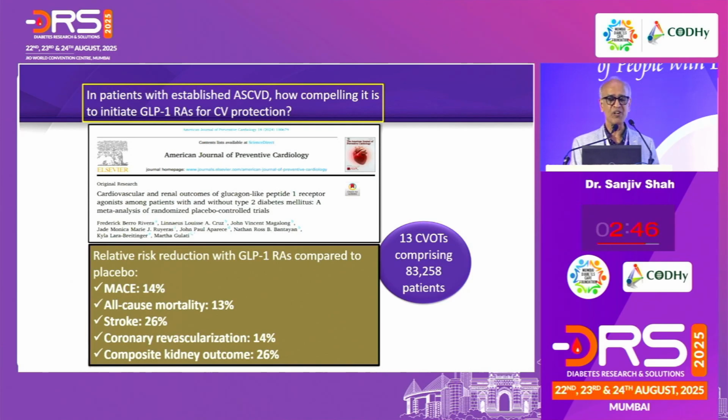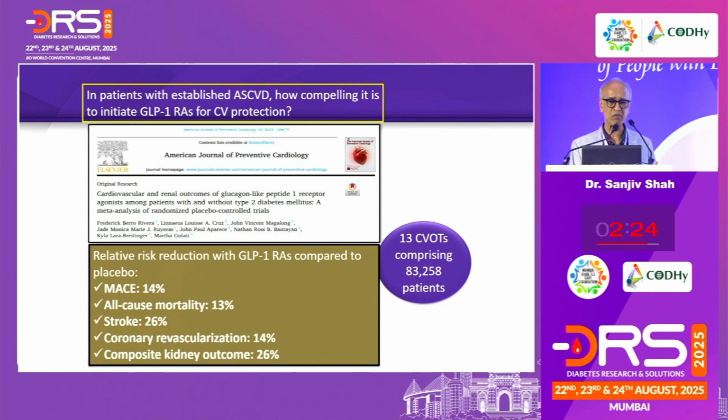If we go beyond, this is all 13 CV outcome trials with GLP1RA, 83,000 patients, uniform, irrespective of the homology of the GLP1 molecule, structure, different design, different patient population, but a universal 14% risk reduction for 3-point MACE.